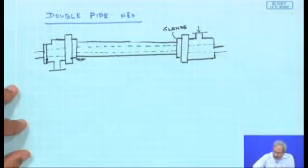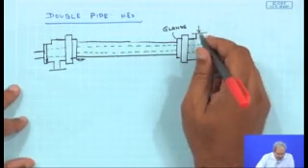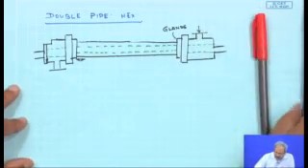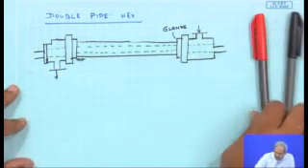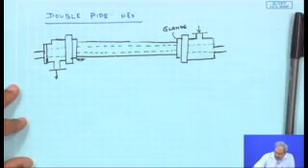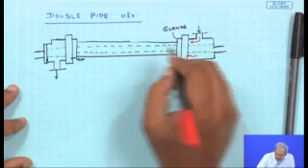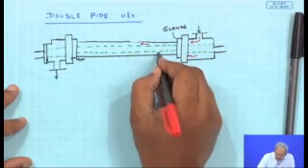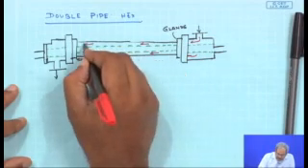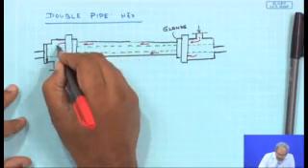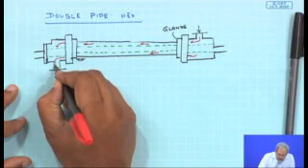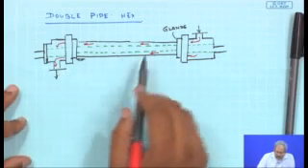So the hot fluid, or let us say the shell side fluid, is going to come through this. The shell side is going to flow in this direction, and then it is going to be collected at the other end.